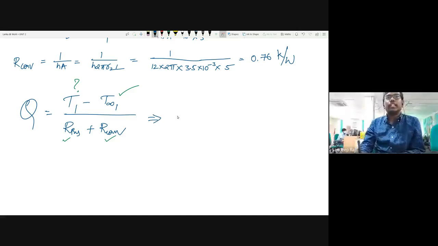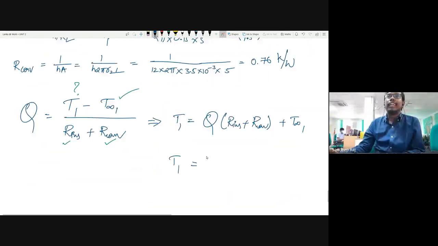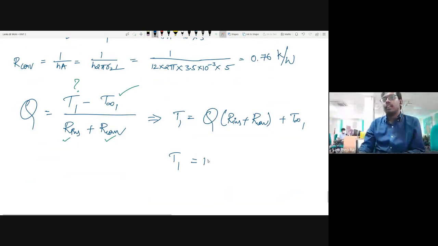So what I can write is T1 is equal to Q into R insulation plus R convection plus T infinity. So that will be a T1. So what is Q value now? The voltage into current, 10 into 8. 10 into 8.